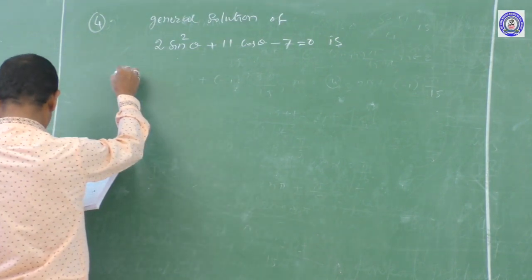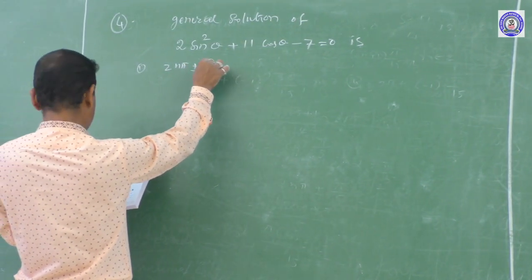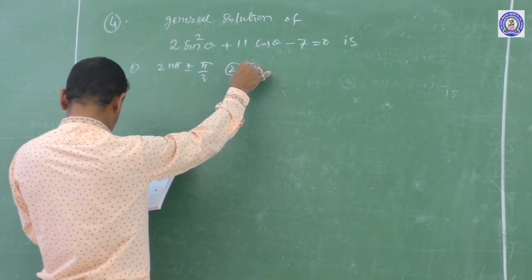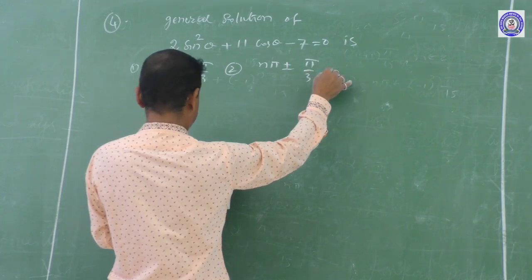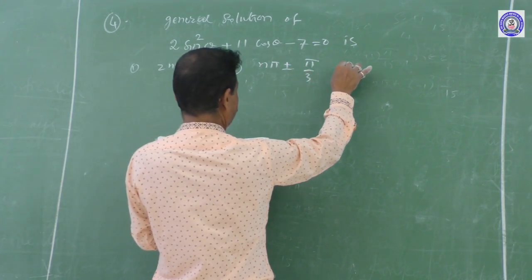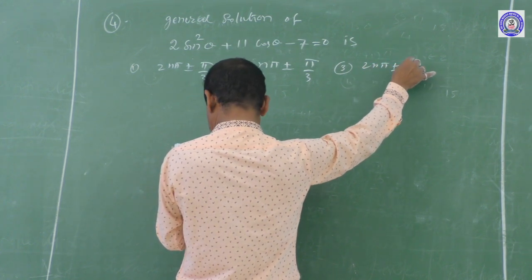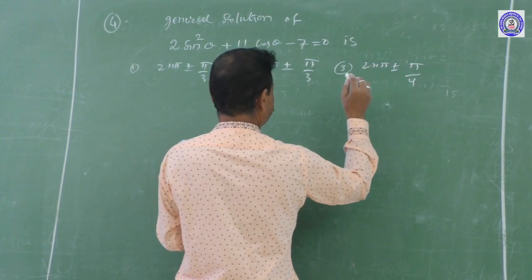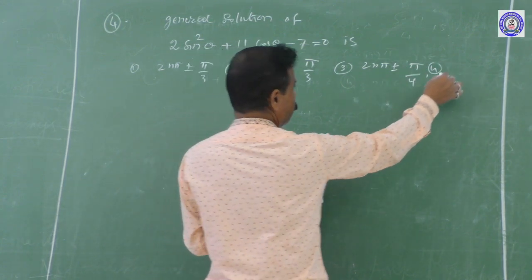Option 1: 2nπ plus or minus π by 3. Option 2: 2nπ plus or minus π by 3. Option 3: 2nπ plus or minus π by 4. Fourth option: nπ plus or minus π by 4.